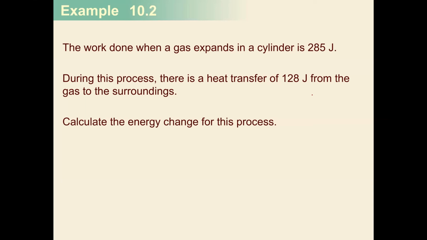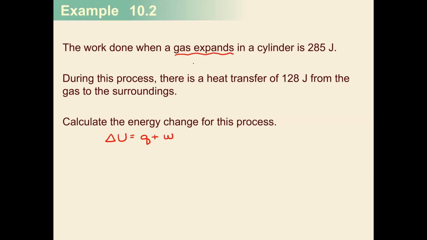So what we are able to do is say that we have delta U equals Q plus W. Now what we need to do is look at the sign of the two numbers that we have. So let's first deal with work. It says that our gas expands.